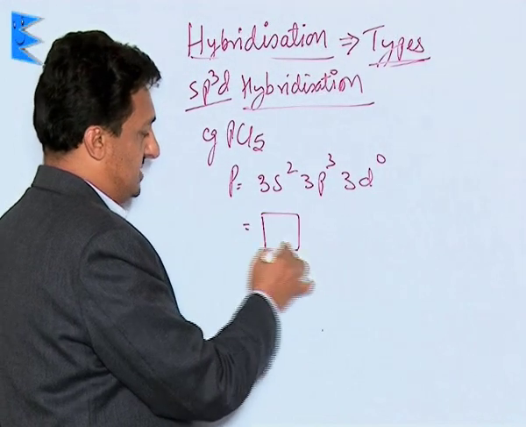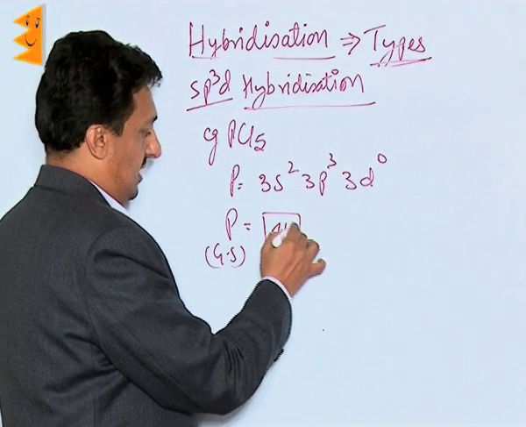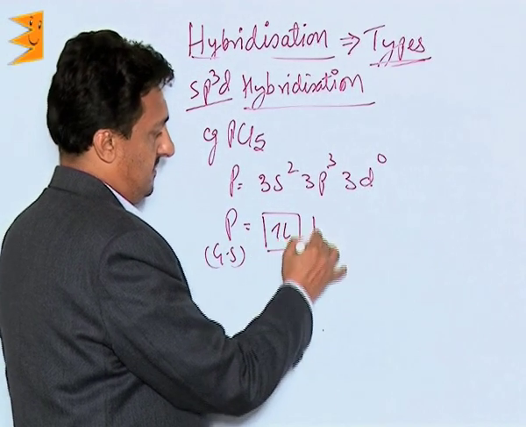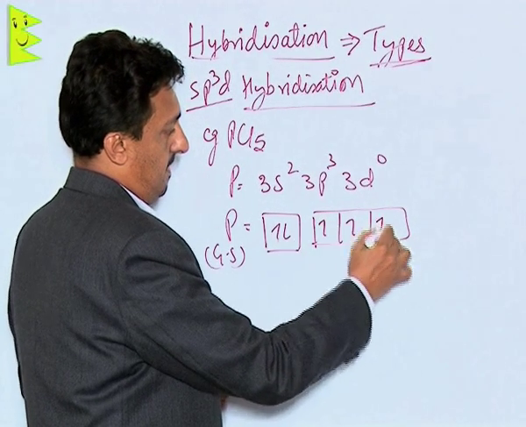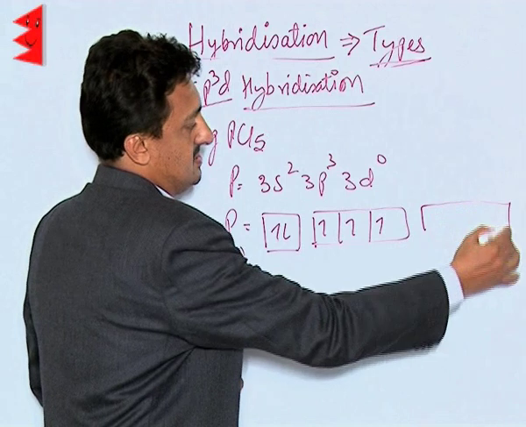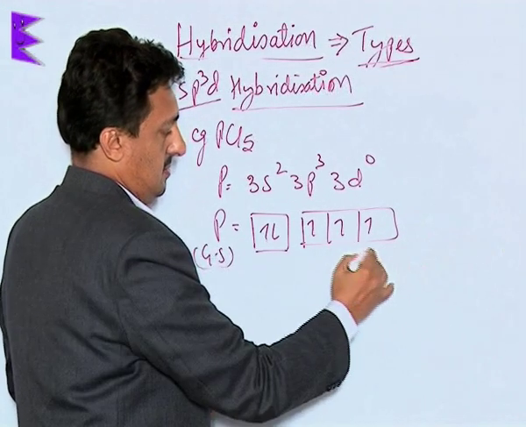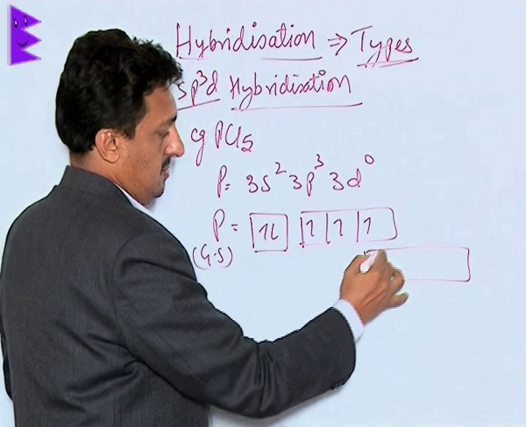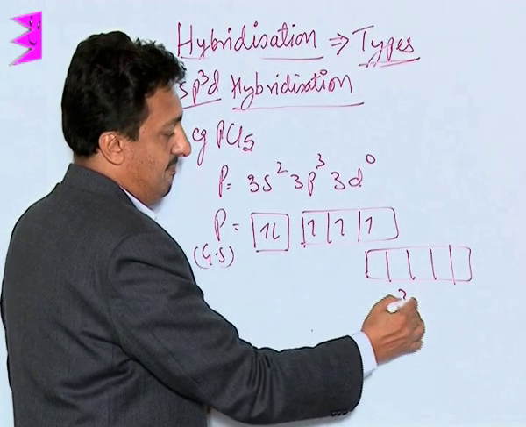Now in the phosphorus ground state, it is almost like this, but its d is completely empty.